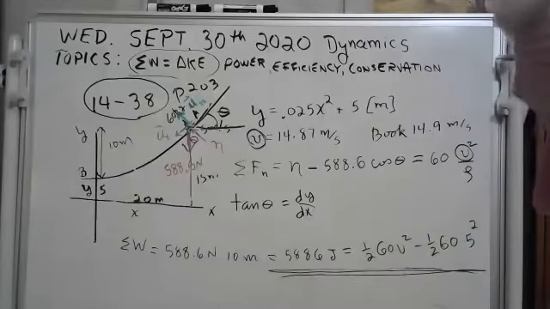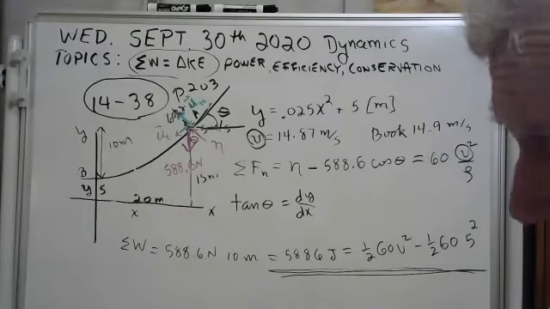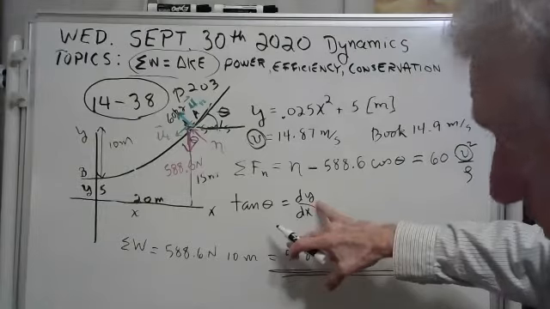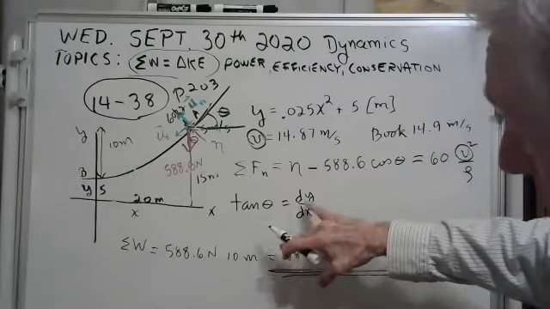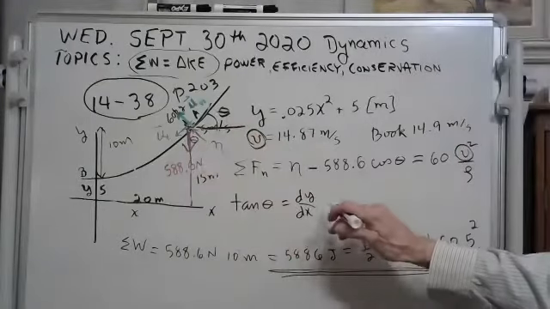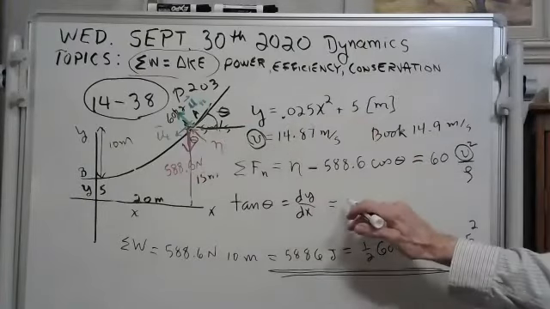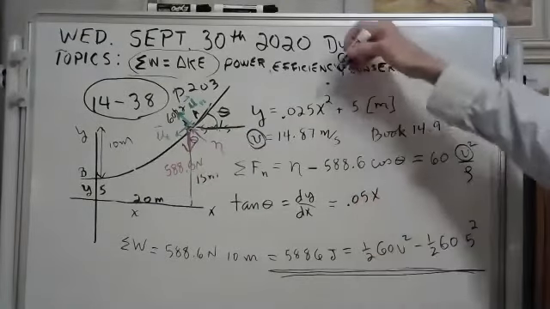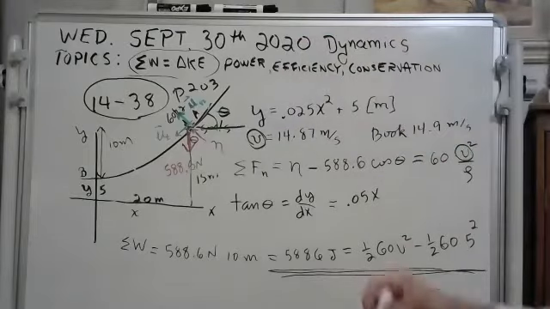They teach you this in calculus. If you've taken calculus, I know that they told you that this is the slope. It's the rise over the run, and that's equal to the tangent of that angle theta. And if you do this, you'll come out with 0.05x. That's the first derivative with respect to x of this equation.